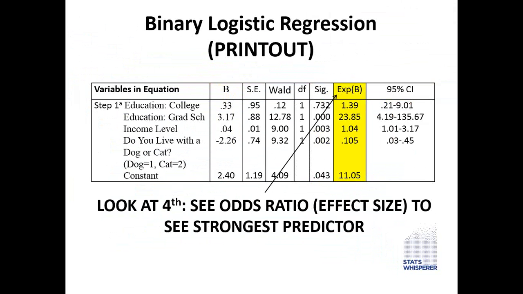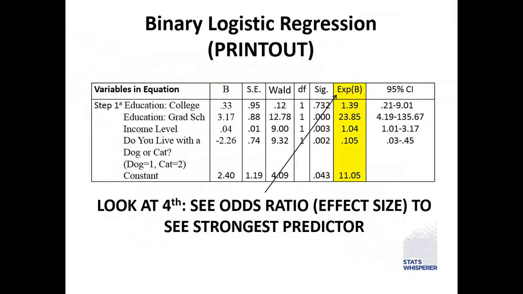Another way you know the finding is rather unstable is when you look at the 95% confidence interval to the right. We know that 23.85 is probably not the odds ratio among the population. We have a sample, and the sample probably doesn't have the exact odds ratio of the population, but we're 95% confident that the actual odds ratio is between this number and that number. The wider the interval, the less stable the finding.